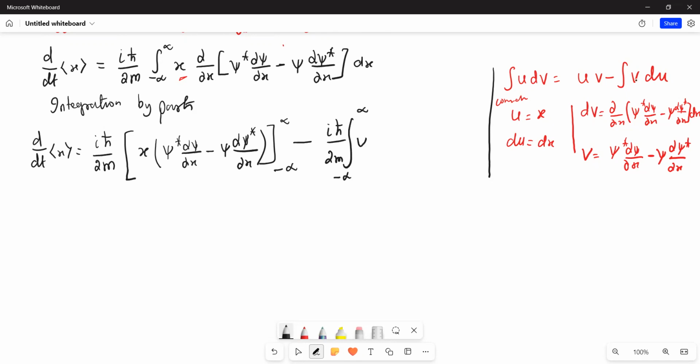What is the value of v? Psi star dou psi by dou x minus psi dou psi star by dou x. Instead of du, you can use dx. That's all. This is just a simple step.